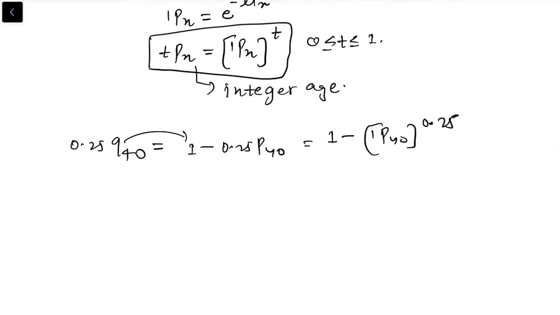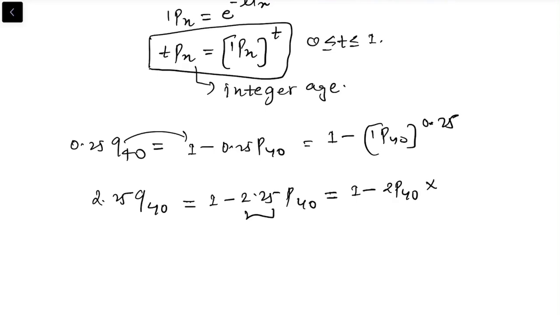Now let's do another example. Suppose you are given 2.25q40. Let's change this in terms of p, 1 minus 2.25p40. Now here t is not between 0 and 1, so our task is to break this down using the principle of consistency. 1 minus 2p40 times 0.25p42, right?